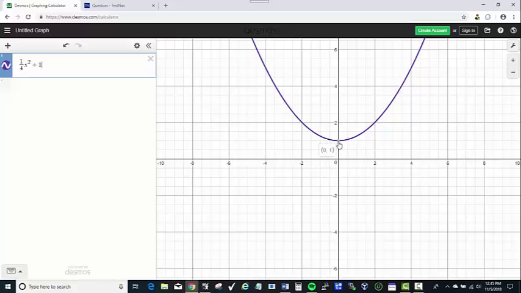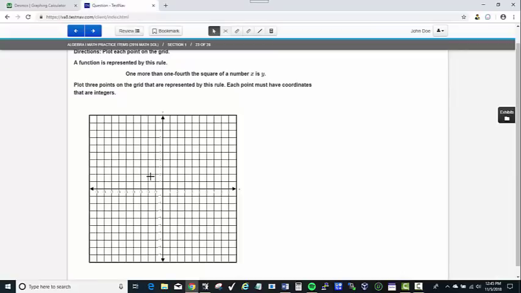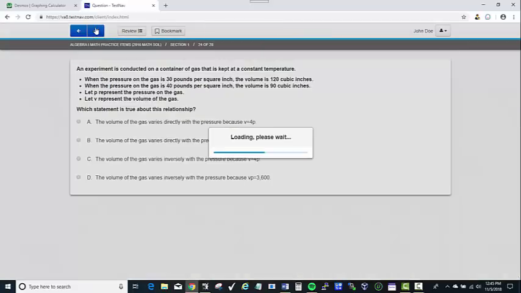Another point right here is going to be 0, 1. Another point right here is going to be 2, 2. So, I could plot -2, 2. I can plot 0, 1. And I can plot 2, 2. Those are my 3 points, and they're all integer points.